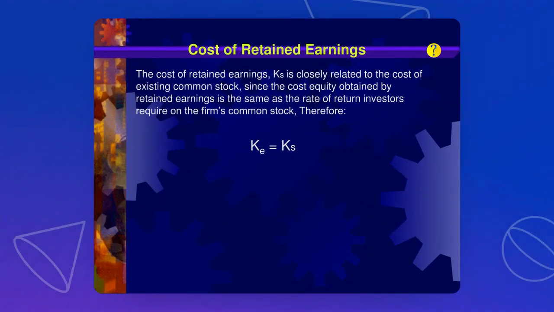Since the cost of equity obtained by retained earnings is the same as the rate of return investors require on the firm's common stock, therefore, the cost of equity is equal to the cost of retained earnings. Who is the right owner, the stockholders? Very good. The ordinary shareholder.